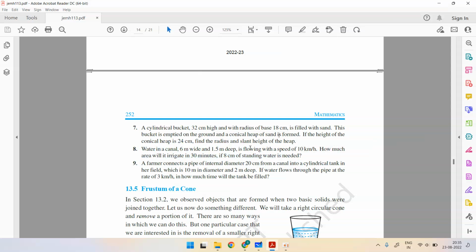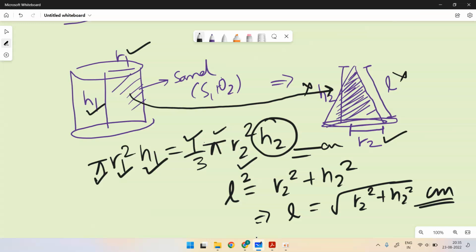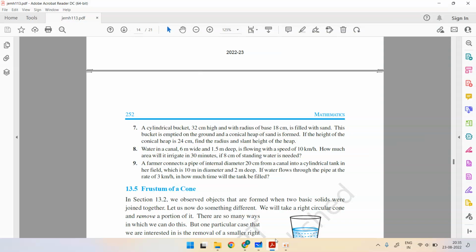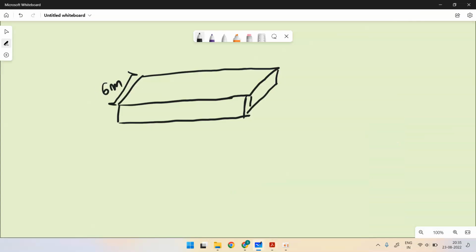Water in a canal is 6 meter wide and 1.5 meter deep.